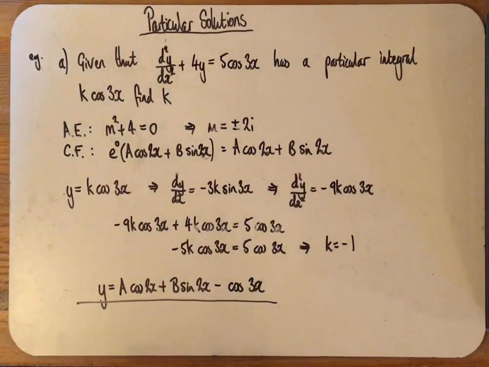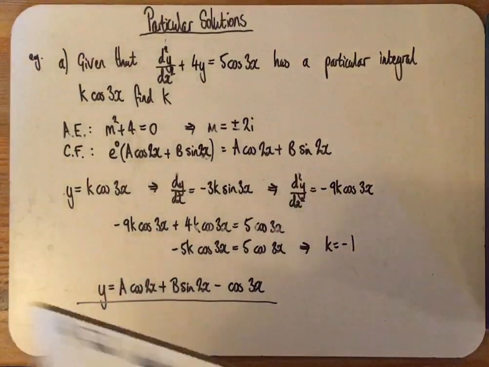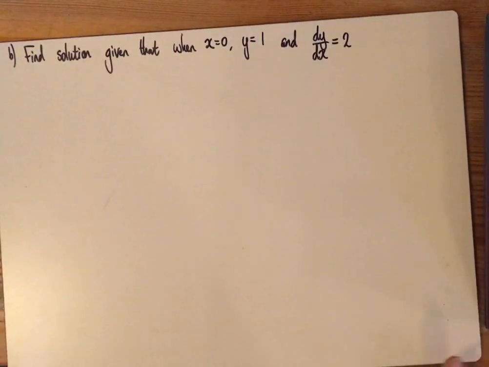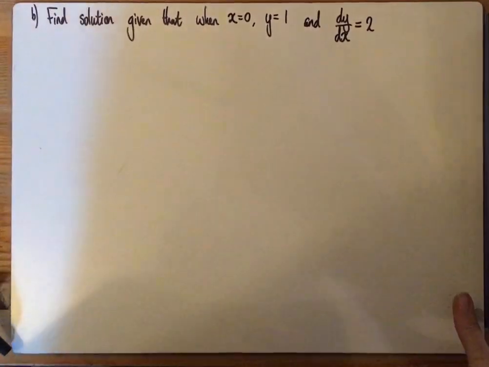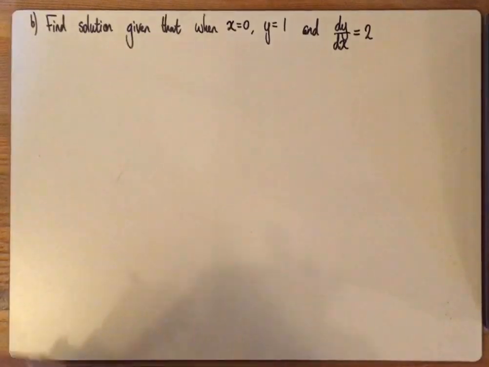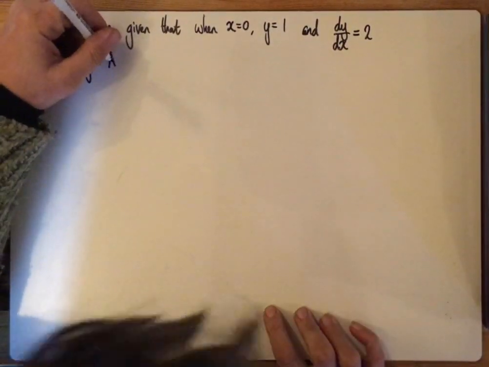So that's that bit. Then adding the last bit on is just finding the values of the constants a and b. We want to find the solution given that when x equals 0, y equals 1, and dy/dx is equal to 2. I'll just pop the equation back on this board.